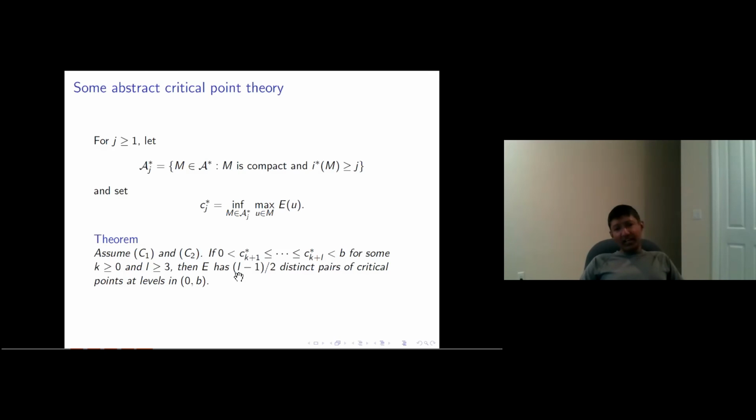Then the conclusion is that we have (l minus 1) over 2 distinct pairs of critical points at levels between 0 and B. Again, if you assume the PS condition instead of C1 and C2, this is a classical result. In that case, you get l distinct pairs of critical points. But here, since you're only assuming C1 and C2 instead of the PS condition, we get about half of those critical points.